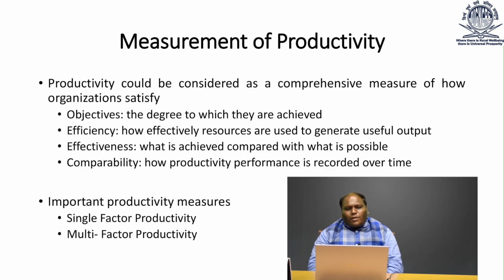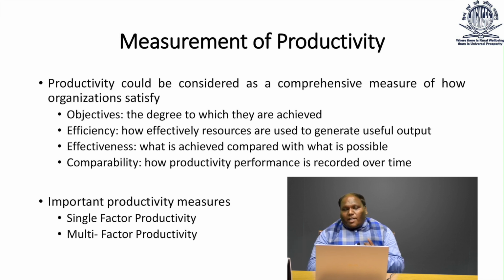Basically, the role of a manager, especially in the rural sectors, is expected to be high, because generally speaking productivity could be considered as a comprehensive measure of how organizations satisfy the objectives, efficiency, effectiveness and comparability. So here we are using four important areas in measuring productivity.